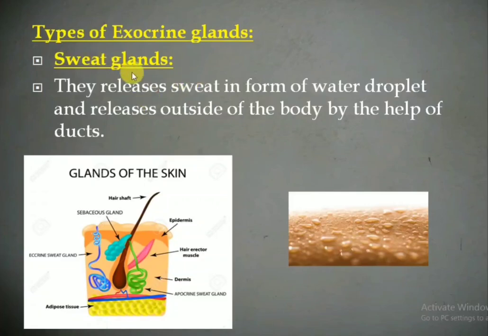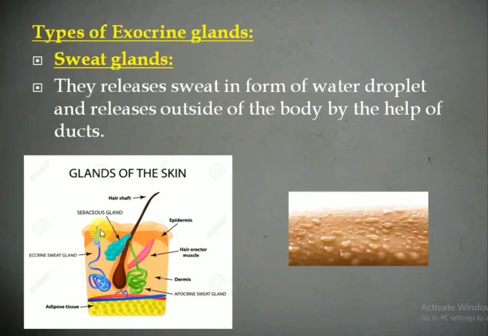One is sweat glands. Here in the image you can see our human body produces sweat, right? From where is it produced? It is produced from the sweat gland itself. This is a sweat gland, and this is the inner portion of the skin: the epidermis, the dermis, and the inner surface.